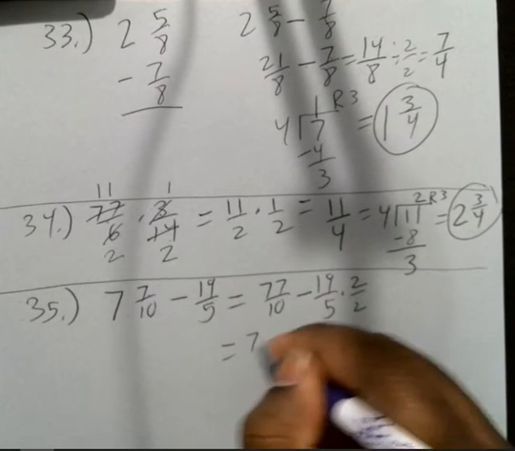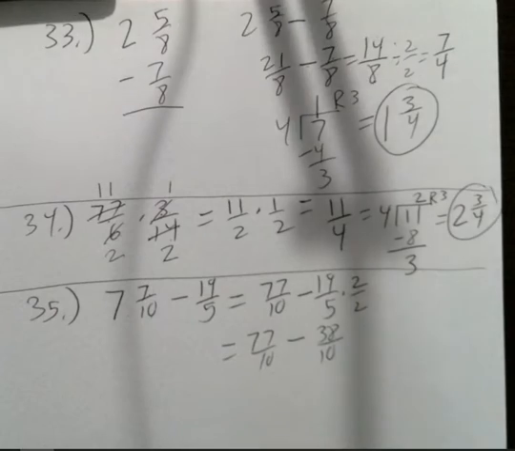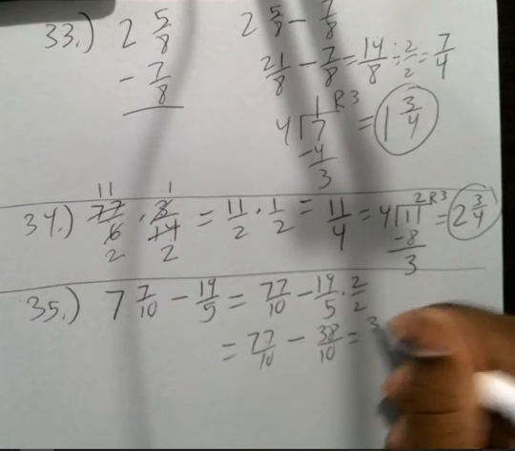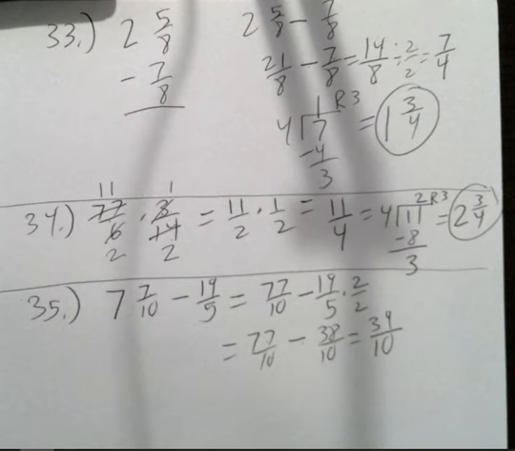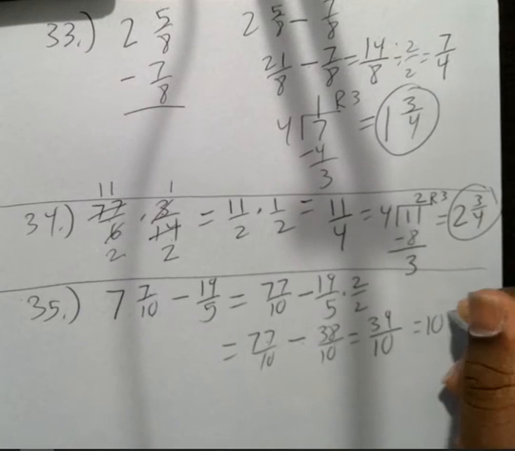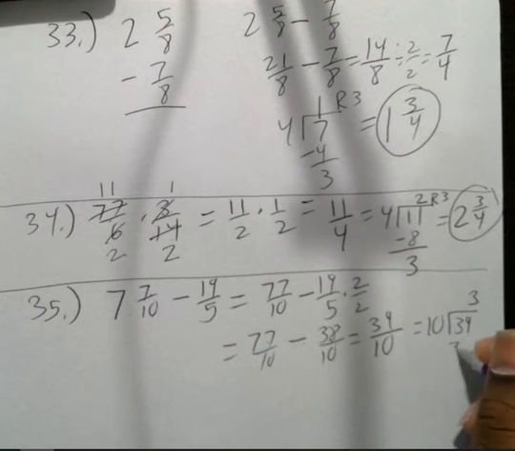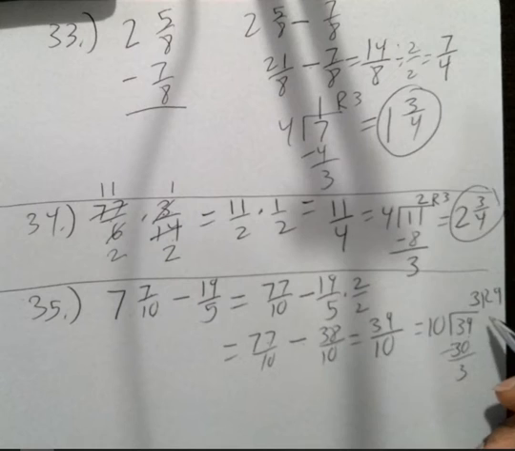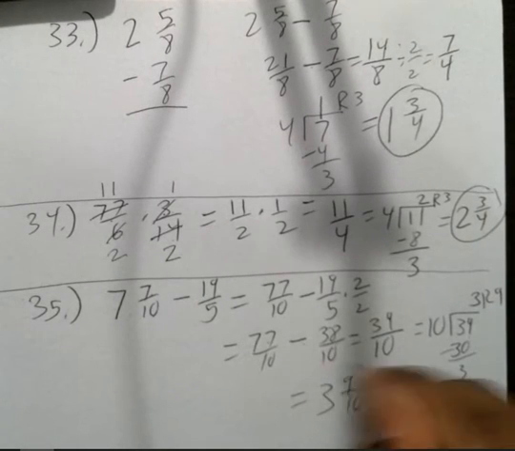So this will give you 77 over 10 minus 38 over 10. 77 minus 38 is actually 39 over 10. Now again, if we could change this to a mixed number, we're supposed to. So we would take 10 into 39. 10 goes into 39 3 times, and we have a remainder of 9. So our final answer here would be 3 9/10.